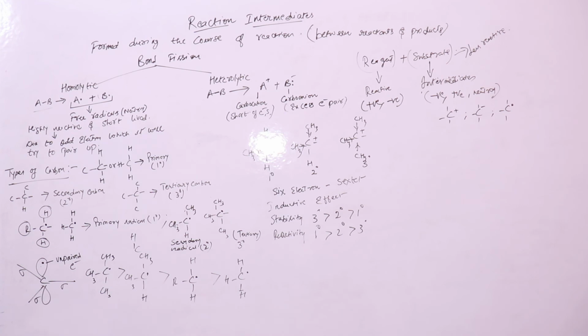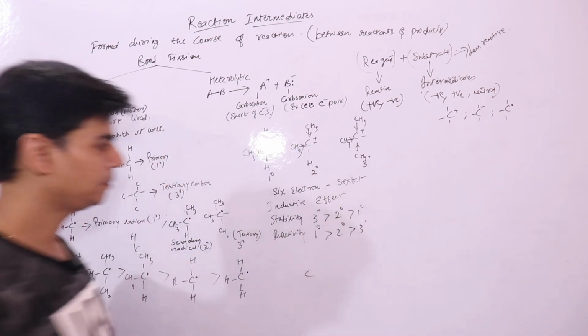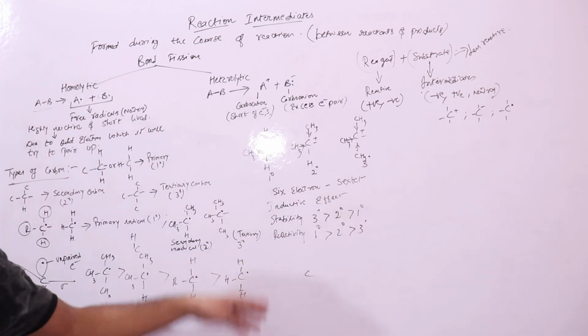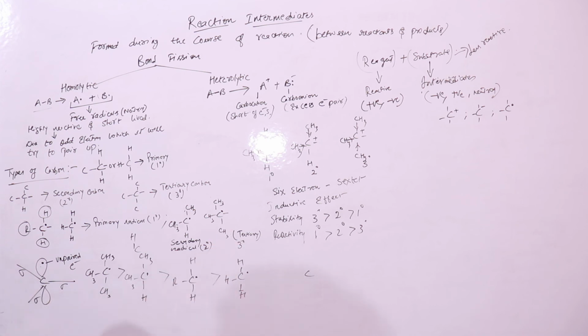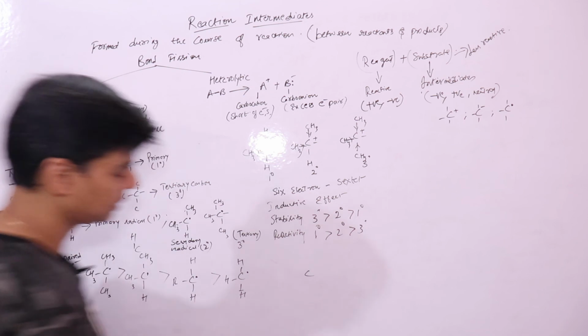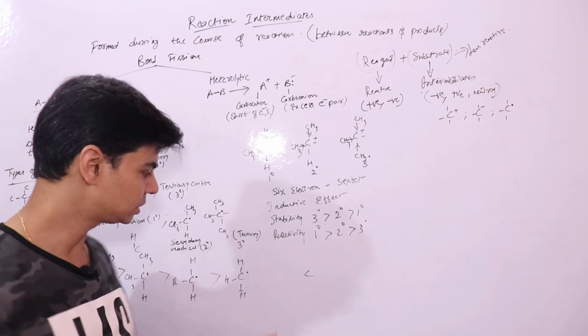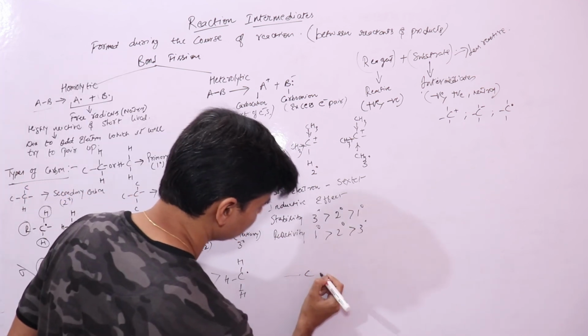Now let's quickly look into the structure. Carbon atom is again sp2 hybridized in case of these carbocations, right? And it's like this. It is sp2 hybridized, so it will again have 3 sp2 hybrid orbitals, right, like this.